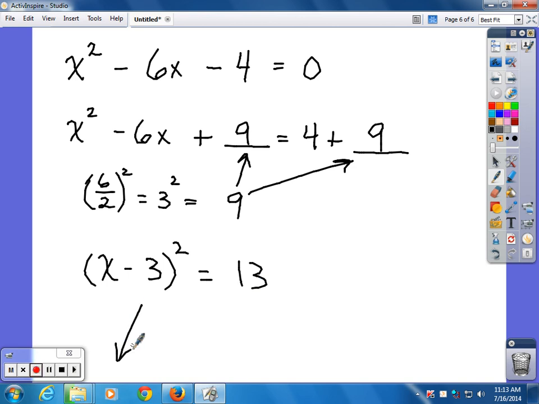The left arrow is the opposite, which gives us our vertex. The right arrow gives us our x-intercepts, and we solve for x. So we'll take that on the next page.